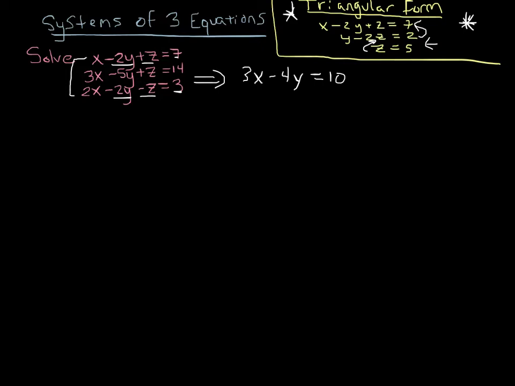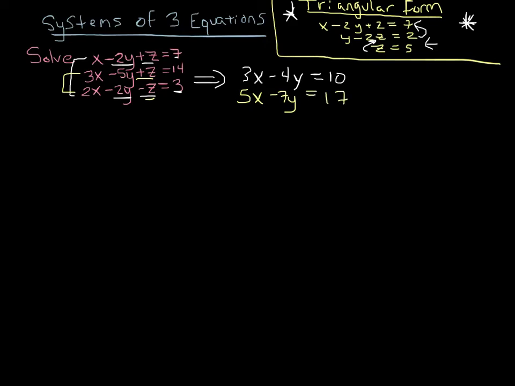Now, let's add the second equation to the third, because that plus z and that minus z will cancel. So 3x plus 2x is 5x. Negative 5y plus a negative 2y is negative 7y. The z's cancel, and then 14 plus 3 is 17.